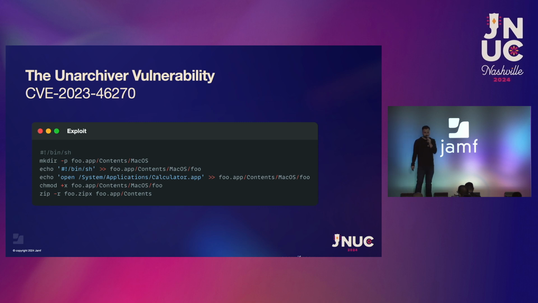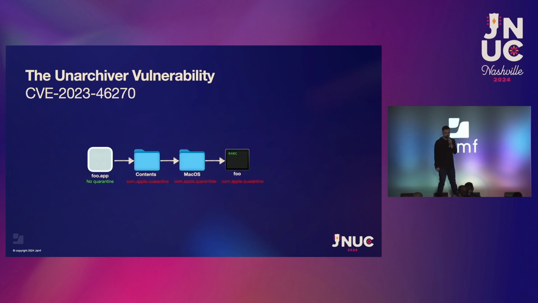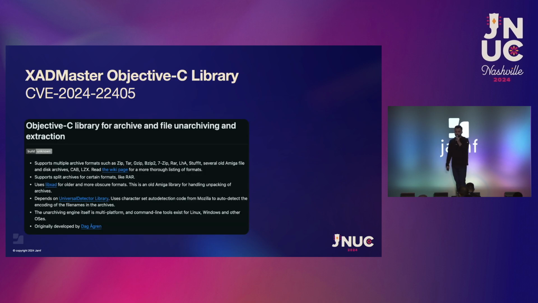So let's look at why this is happening. The quarantine attributes are not being applied to the foo.app application, only to the files and folders within that. So we reported our findings to MacPaw's product security team, who patched the vulnerability and assigned the following CVE. The root cause of the vulnerability was actually in the XAD Master library, which The Unarchiver uses for creating and extracting archives.